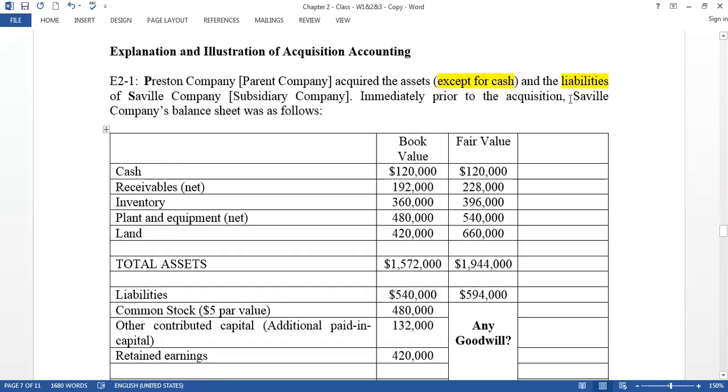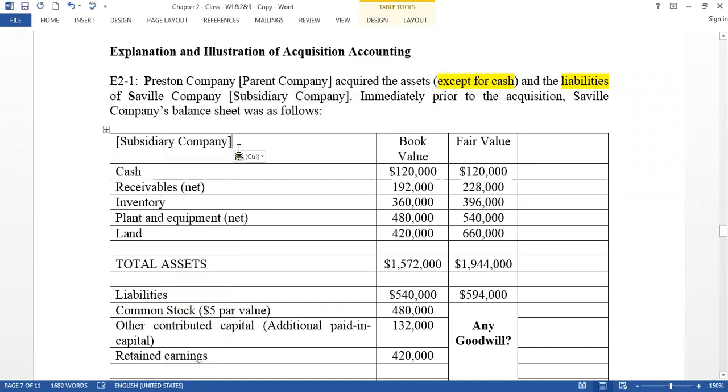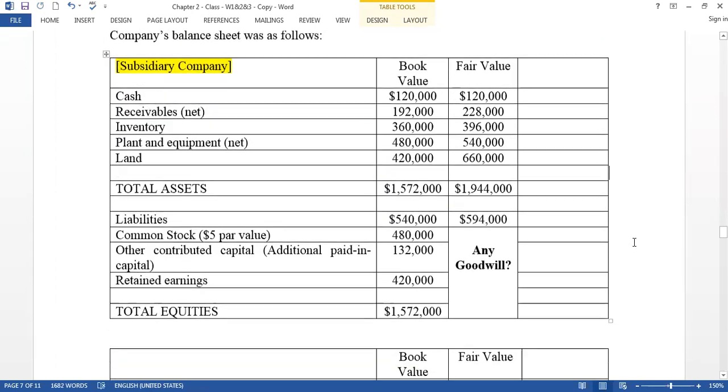So this is the balance sheet for the subsidiary company.